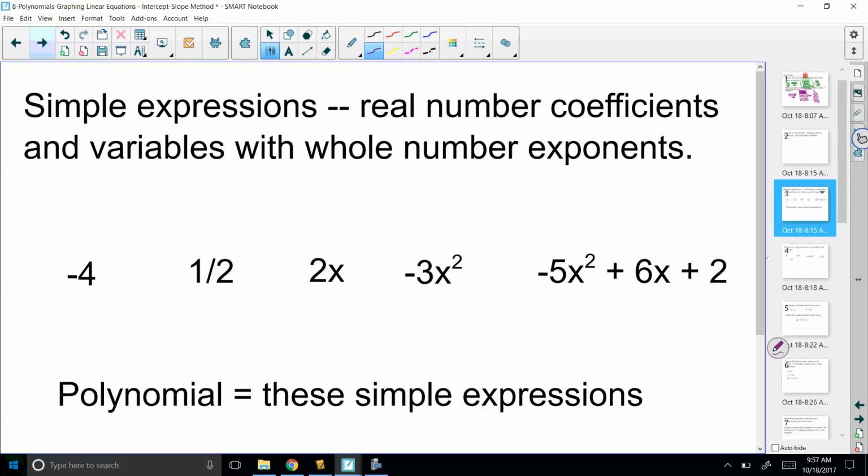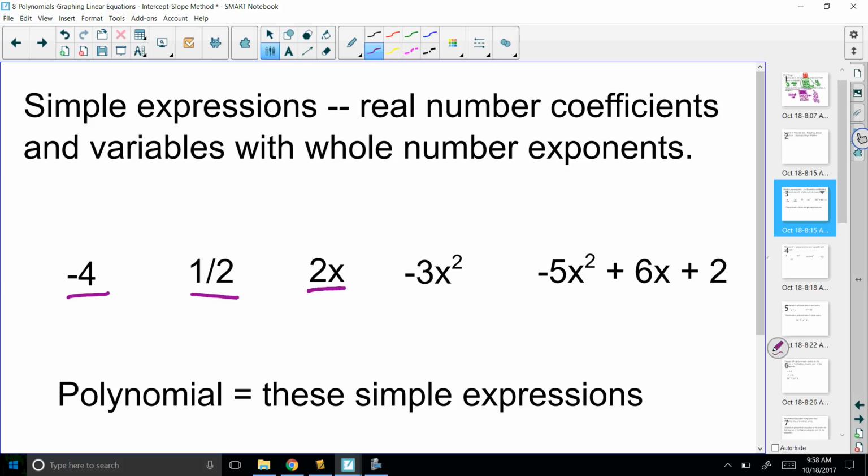So the first thing that they talk about, we want to get to an understanding of what a polynomial is. So keep it basic, keep it simple to begin with. Let's just look at what a simple expression is. I have some simple expressions listed. We have -4. That's a pretty simple expression. We have 1/2.